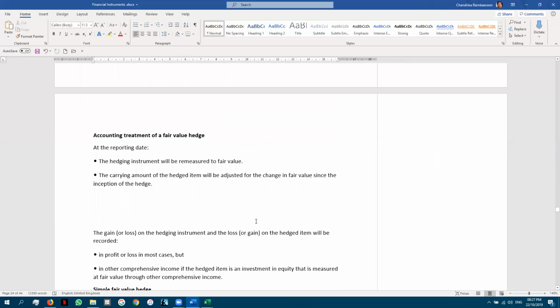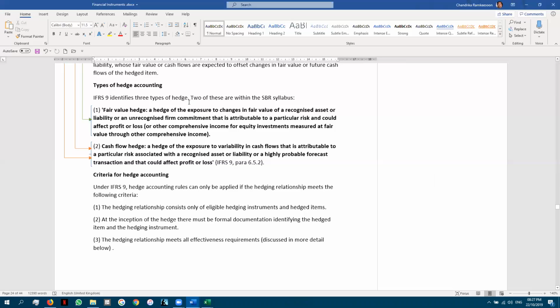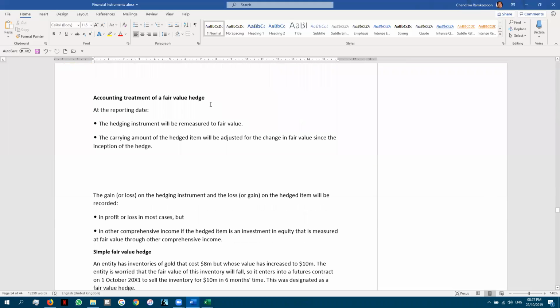Now, remember, there are two types of hedges within the SBR syllabus. One is a fair value hedge, one is a cash flow hedge. Accounting treatment of a fair value hedge: if you're doing a question and you're faced with a transaction and the question leads you to believe it's a fair value hedge, this is what we are dealing with.